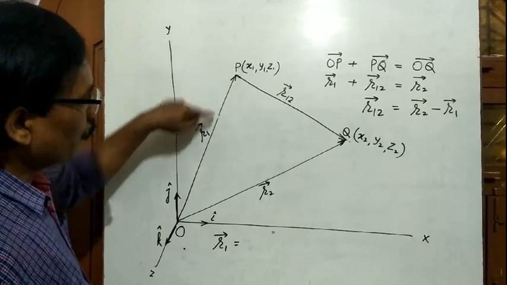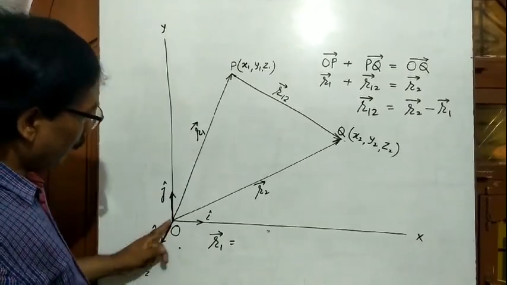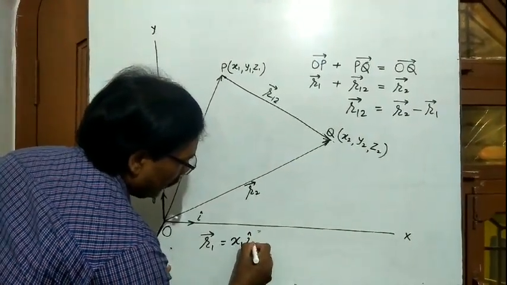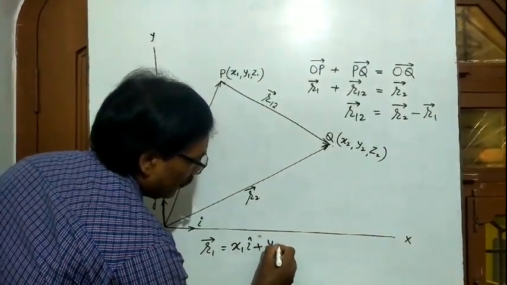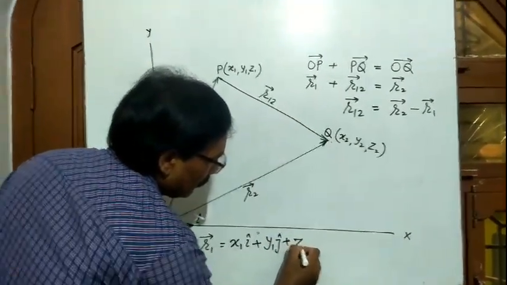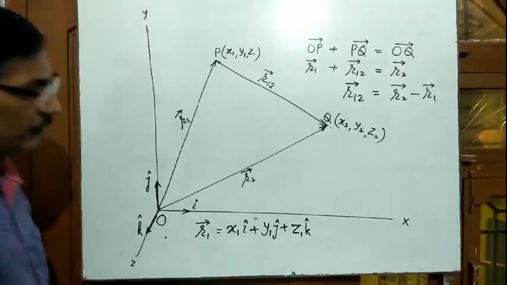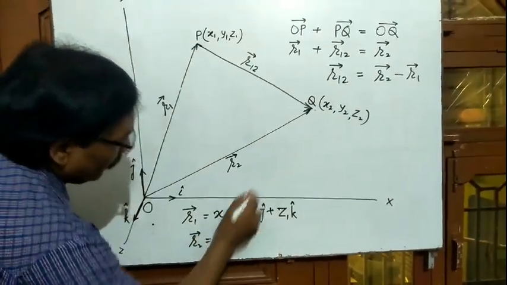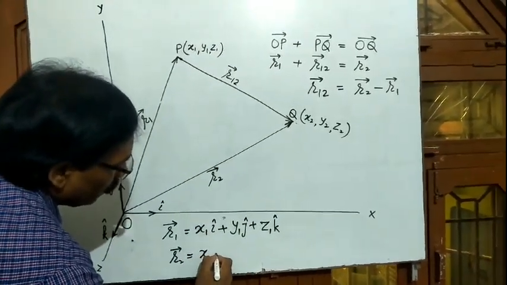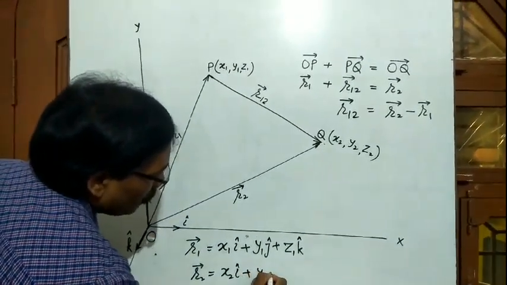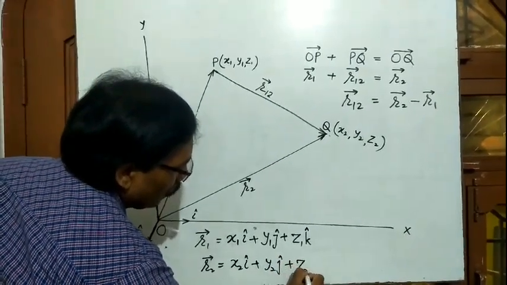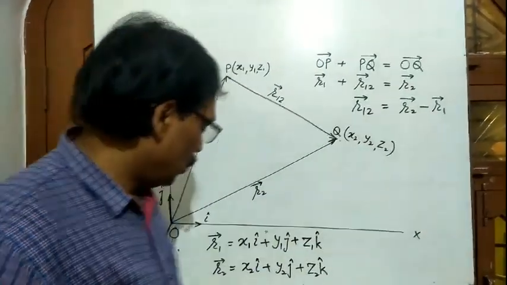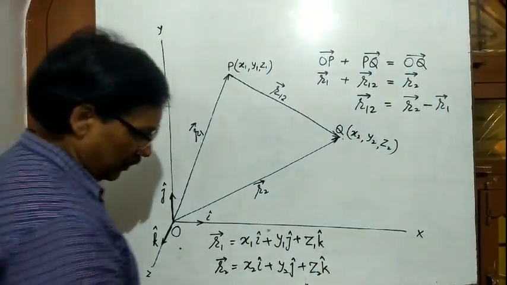So the position vector of point P, vector R1, is equal to x1 i cap plus y1 j cap plus z1 k cap. Similarly, this R2, position vector of point Q, is equal to x2 i cap plus y2 j cap plus z2 k cap. And if you want to find this R12, you will subtract R2 minus R1.